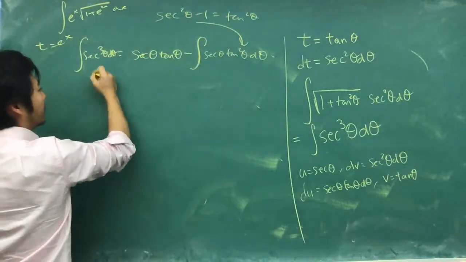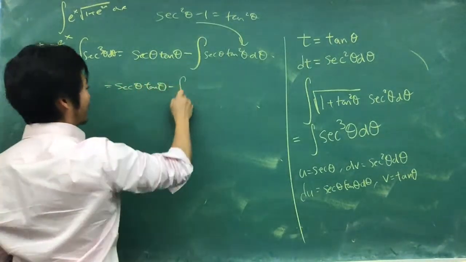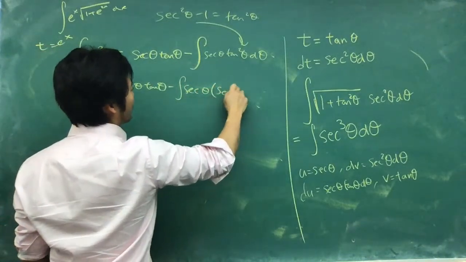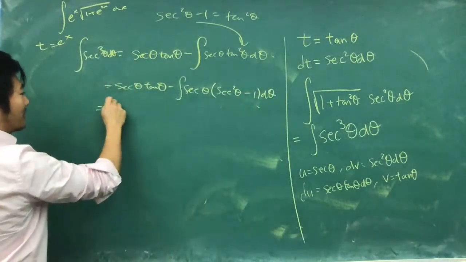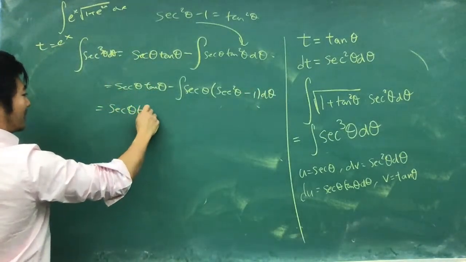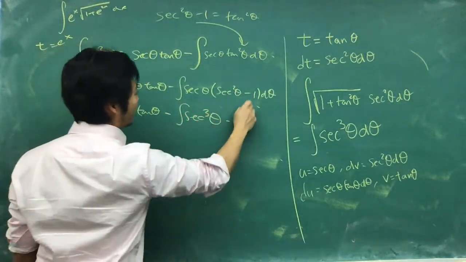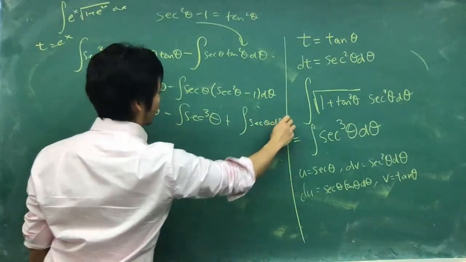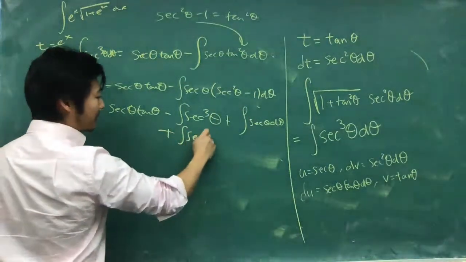And so we have secant theta tangent theta minus the integral of secant theta times secant squared theta minus 1 d theta. So we're almost done. This is secant theta tangent theta minus secant cubed theta, minus becomes a plus secant theta d theta. And then this is nice because you can add secant cubed to both sides.